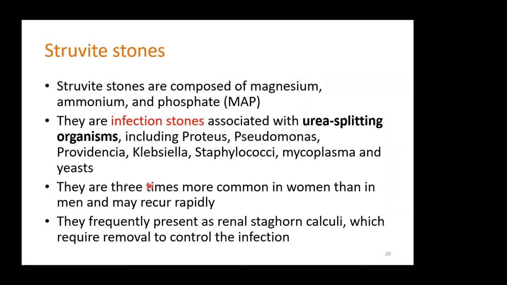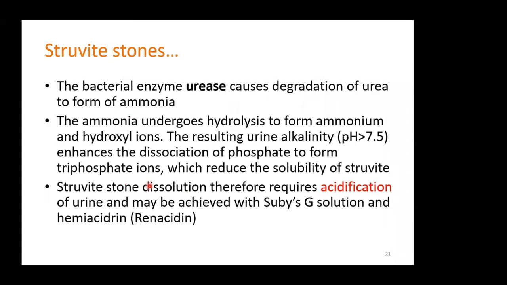So when you see someone who has infections and they are not being controlled, you should also suspect that they may have these stones. Now, the bacterial enzyme urease causes degradation of urea to form ammonia. The ammonia undergoes hydrolysis to form ammonium and hydroxyl ions.